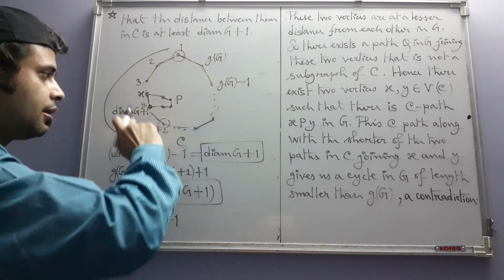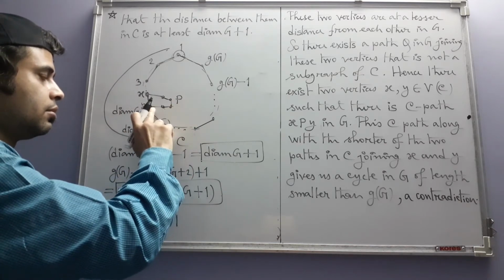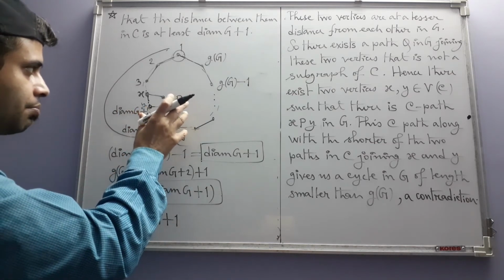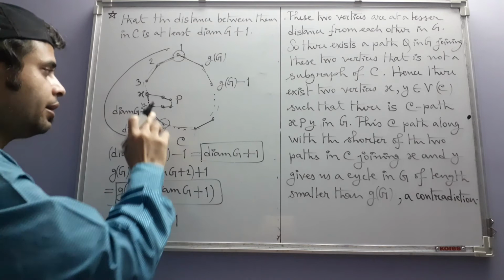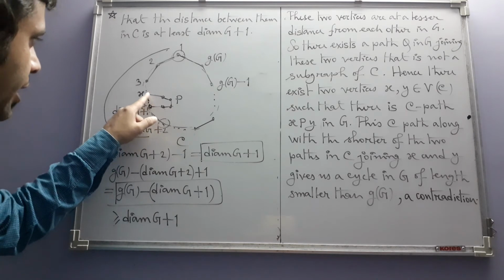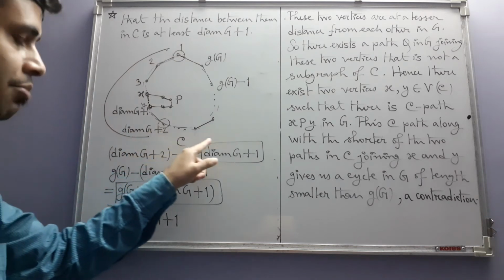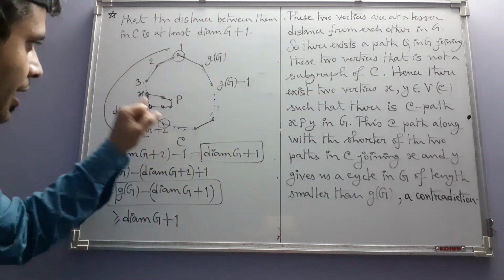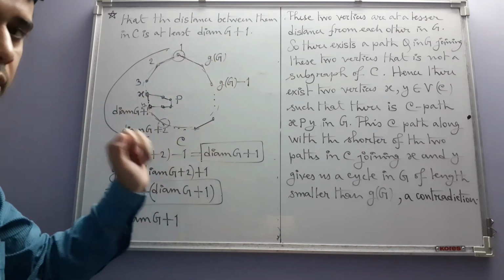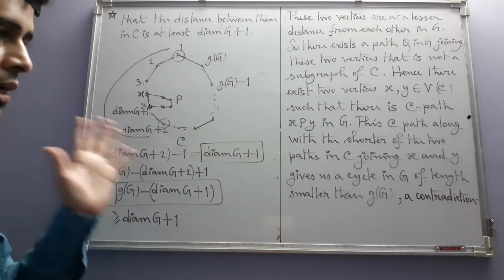It's because the girth is the length of C, and here we are getting a way of going from x to y in fewer steps than is possible if you go from x to y all the time being in C. That's why using this path instead of this one or this one, as the case may be, we get a smaller cycle than C, and that is the contradiction.